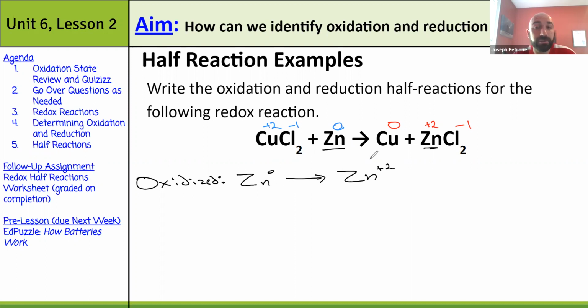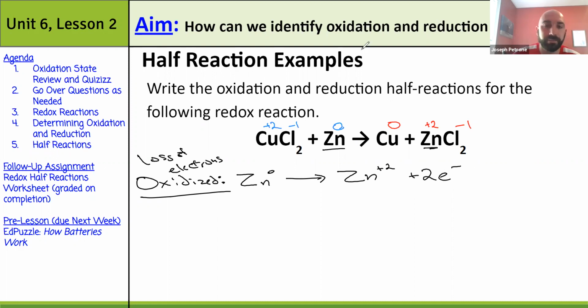So because we are increasing by a charge of 2, we need 2 electrons on this product side. Remember, oxidation is the loss of electrons. So the electrons are a product in this case.